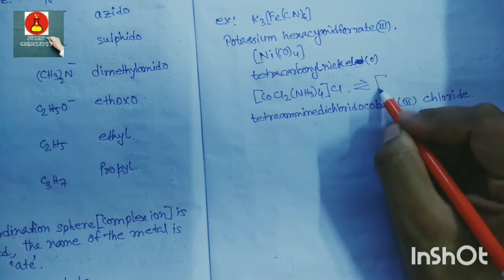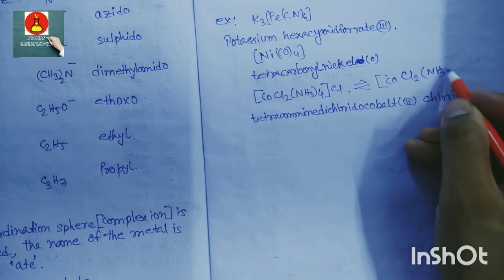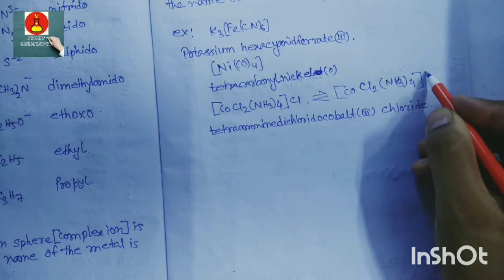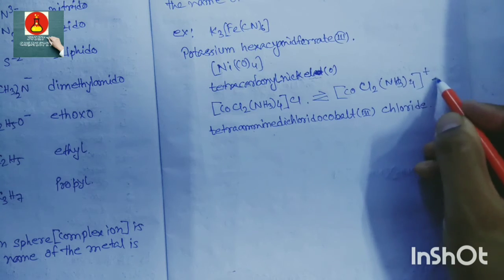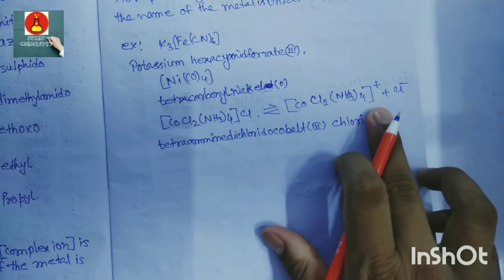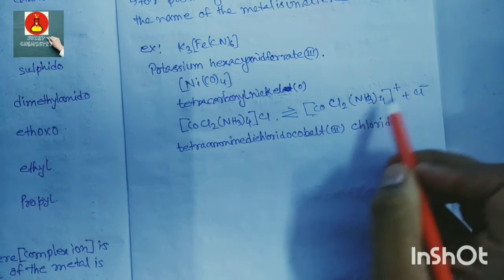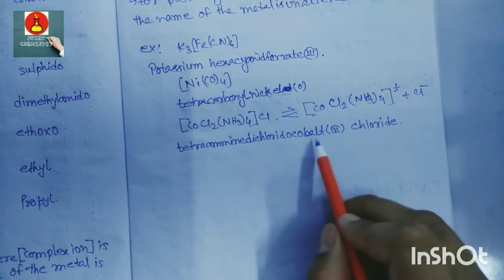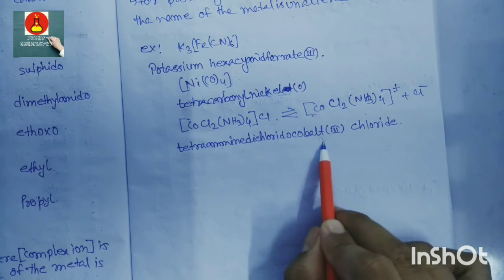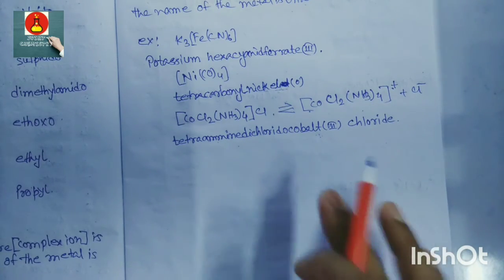If we break it, we will understand: this is +1 and this is Cl-. So it is a positively charged complex ion, and that's why the name of the metal is normal, cobalt, with no -ate at the end. So these are some rules of IUPAC naming.